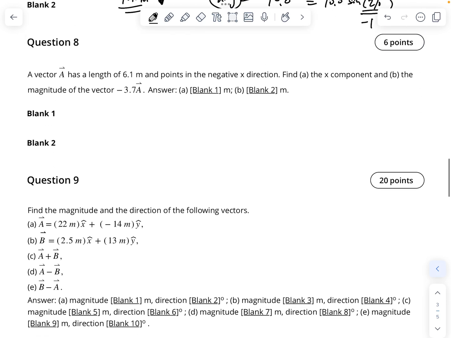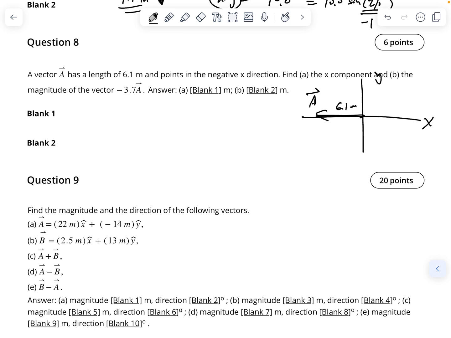Number 8. A vector A has a length 6.1 meter and points in the negative x-axis. Okay, so this is A, 6.1 meter. Find the x component and the magnitude of the vector negative 3.7A.